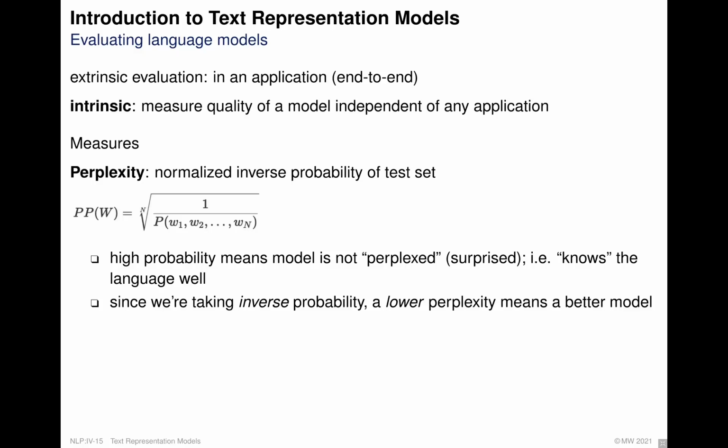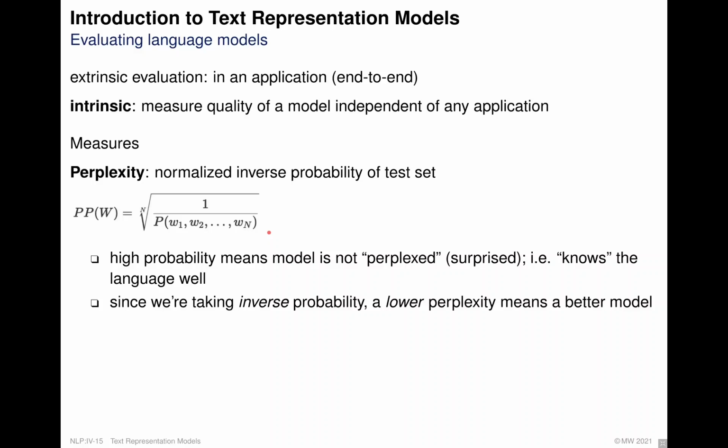If you look at perplexity as defined here, what we have is basically the probability of the sequence of words, in the inverse. This is squared, so it's a kind of normalized inverse probability, and this is calculated on the test set.